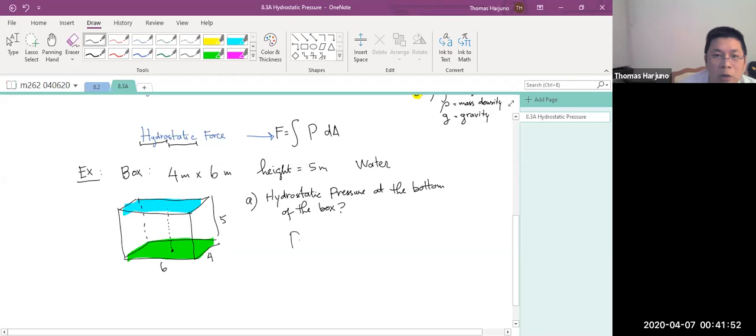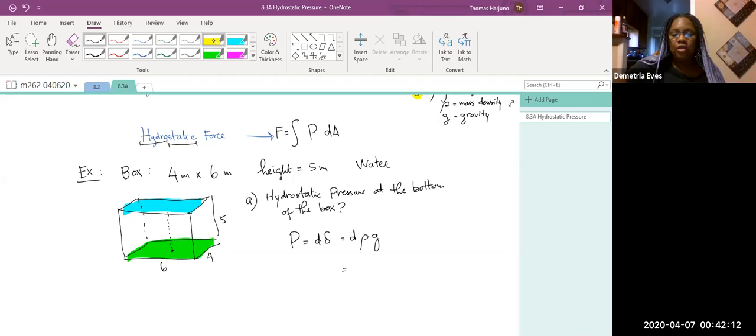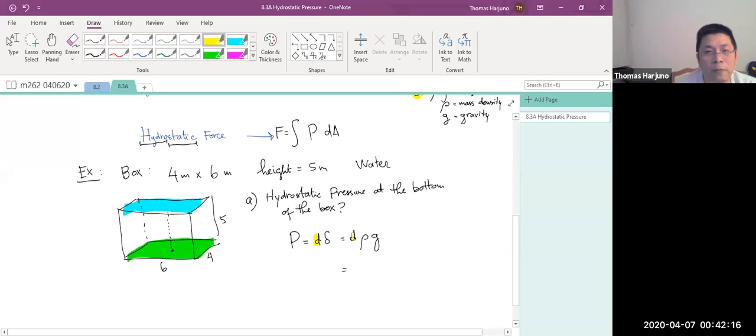The hydrostatic pressure equals the depth, how deep the point is from the surface, multiplied by the weight density, which is D times rho times g. What is the D? Depth, which in this case is 5 meters. How about the rho?